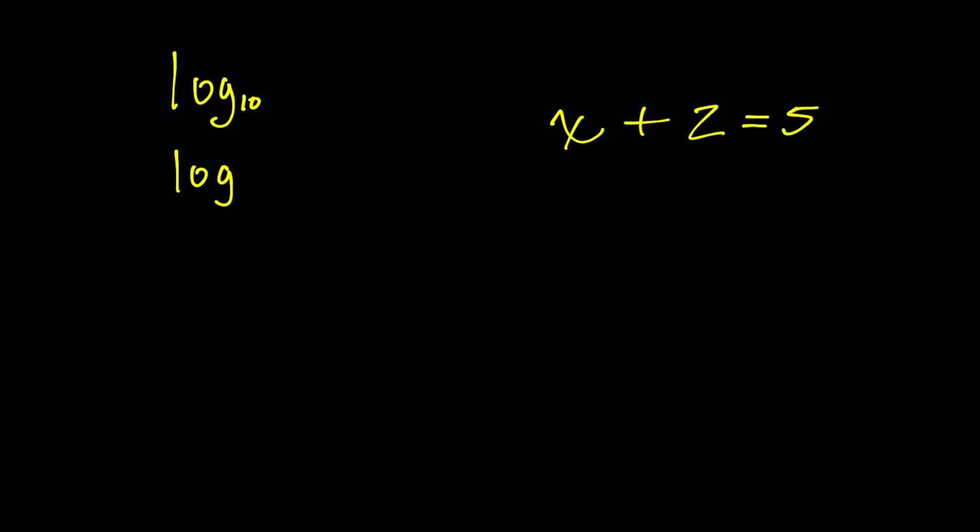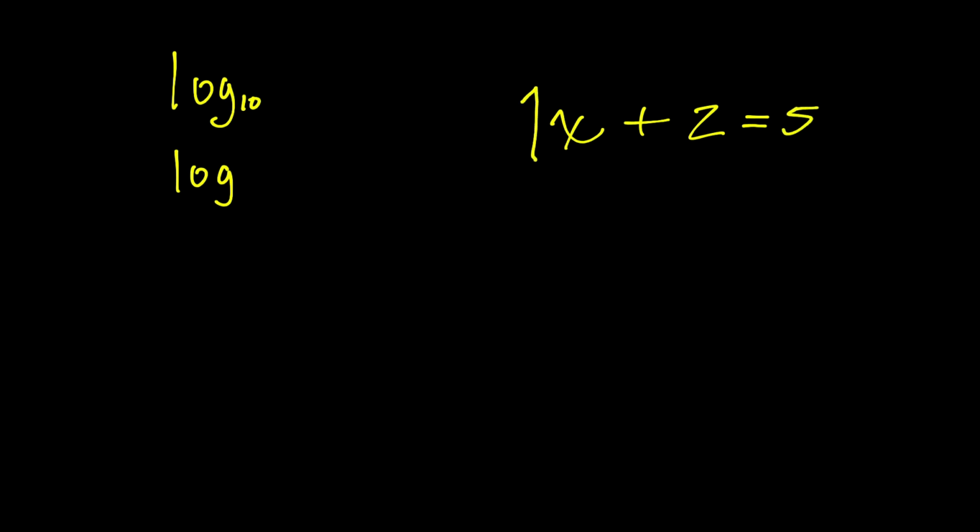So we'll start with the common log, log base 10. You do not have to write a 10 down, but it's understood. It's implied if you just write log. It's the same as if I wrote x plus 2 equals 5, like an equation.